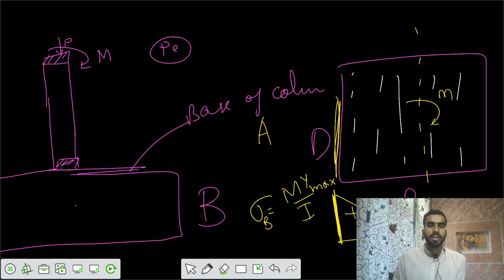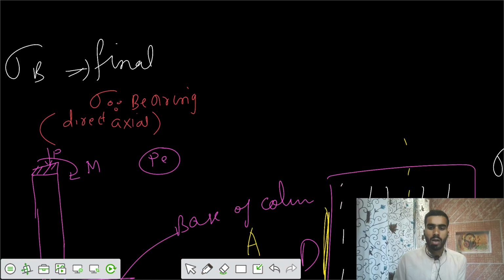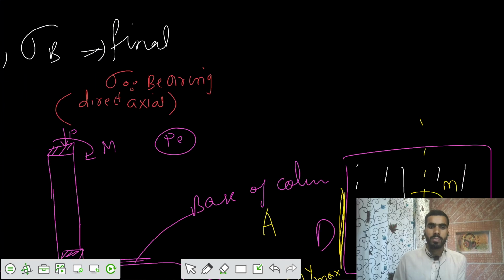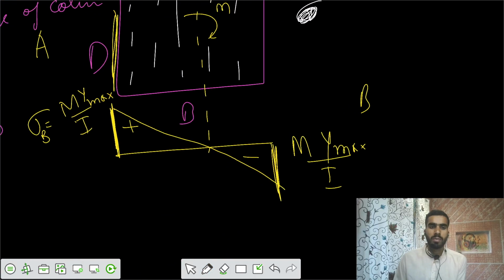Now the condition is that the problem says the stress because of bearing, which we also call bearing stress or direct axial stress, that we have represented as sigma A, equals the sigma because of bending.